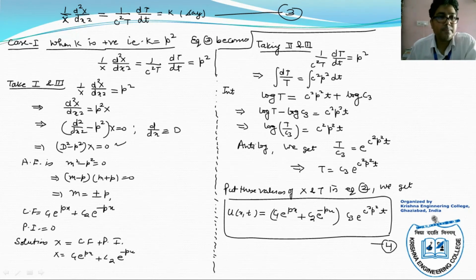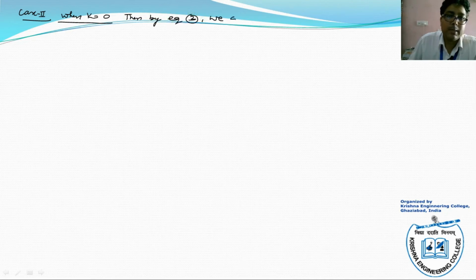Clear? Case second, when k is equal to 0, then by equation third we get 1 upon capital X d square capital X over dx square is equal to 1 upon c square t d capital T over dt is equal to 0.